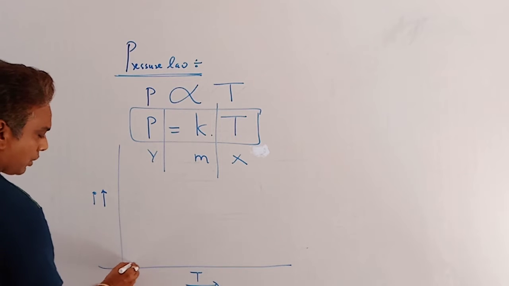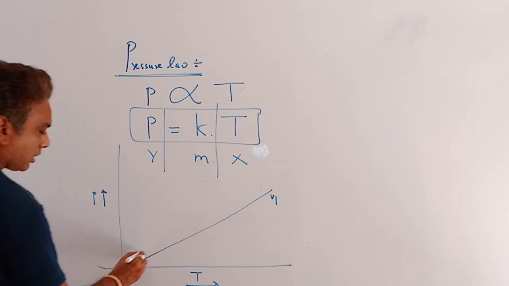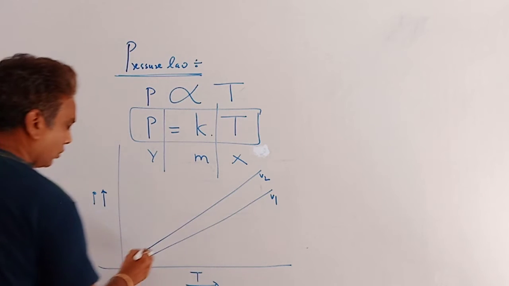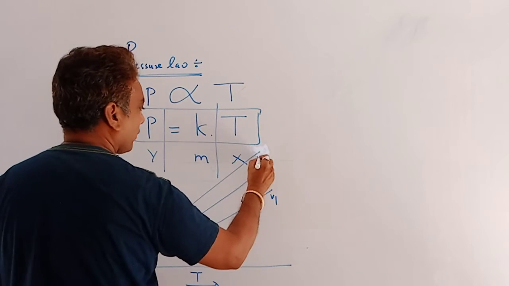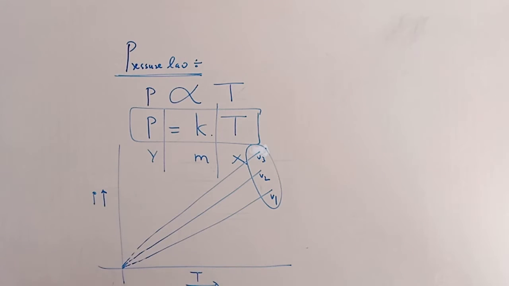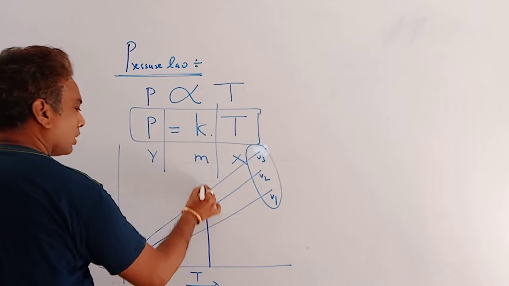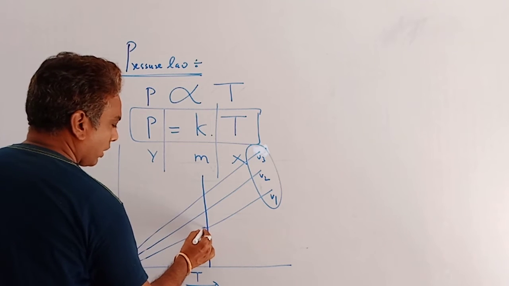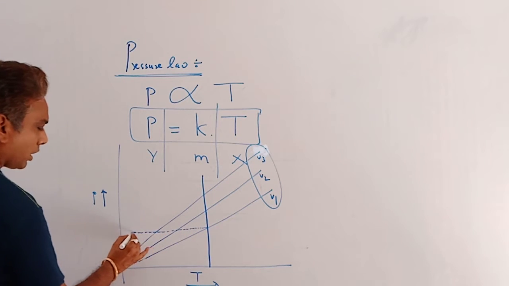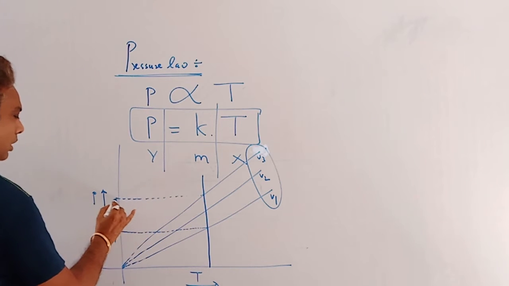And at different constant volumes, suppose V1, V2 and V3, we want to relate all these volumes, then by using Boyle's law. Boyle's law deals with constant temperature. So on the temperature axis a perpendicular is drawn on these lines. So for V1 the corresponding pressure is P1, and for V3 the corresponding pressure is P3.